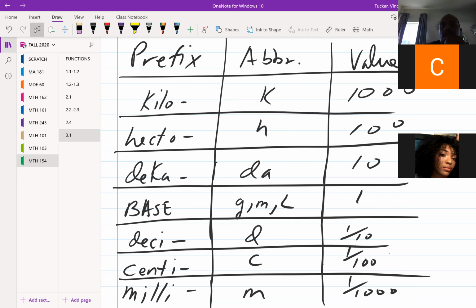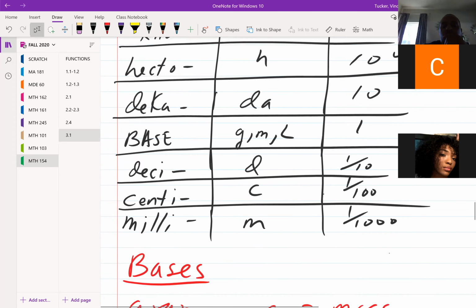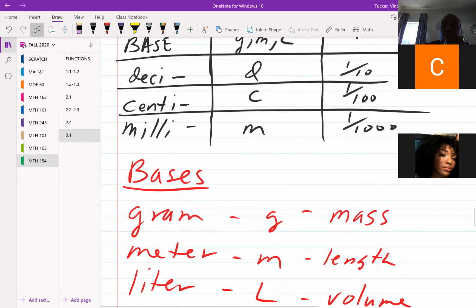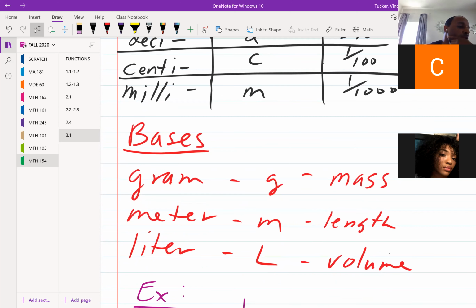All right. The bases that we'll use depend on what we're actually trying to measure. Grams, G, is mass; meter, M, is your length; and liter, L, is your volume.